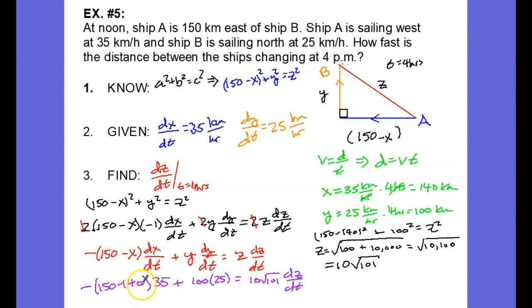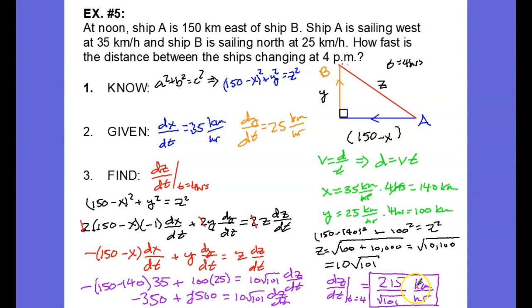Okay, 150 minus 140 is 10 times 35 is 350, so this is negative 350 plus 2500 equals 10 radical 101 dz/dt. So dz/dt evaluated at t equals 4 is equal to 215 divided by the square root of 101 kilometers per hour. Okay, so this is an exact answer, don't worry about rationalizing the denominator. If you do report this as a decimal, make sure you use 3 decimal places.